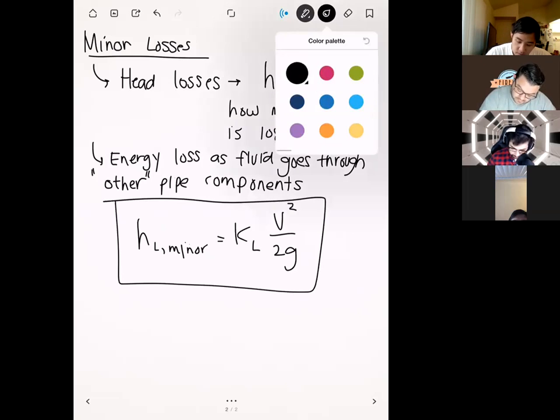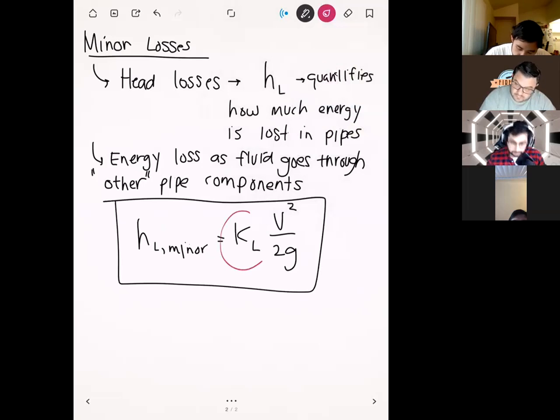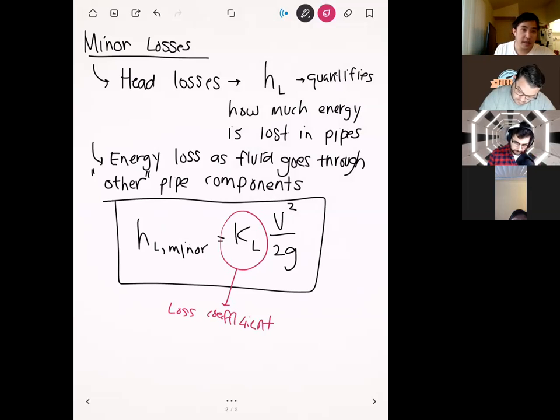The key quantity here is this K sub L, which is called the loss coefficient. You can almost think of it as a measure of how much energy is lost in a certain component. These loss coefficients are basically assigned per type of component.